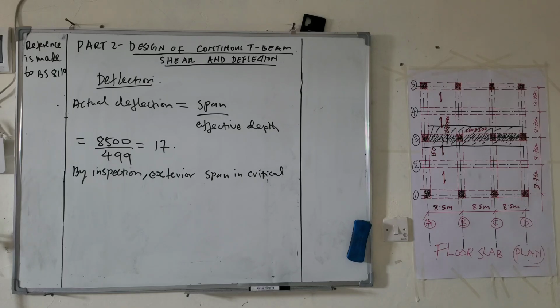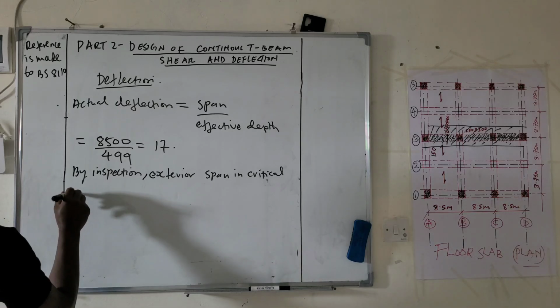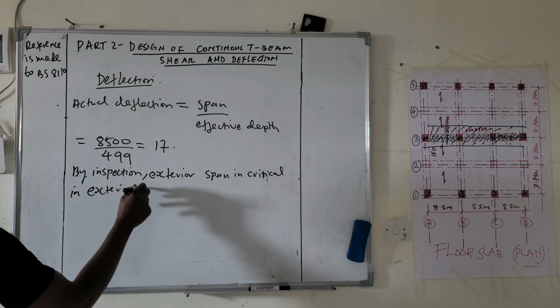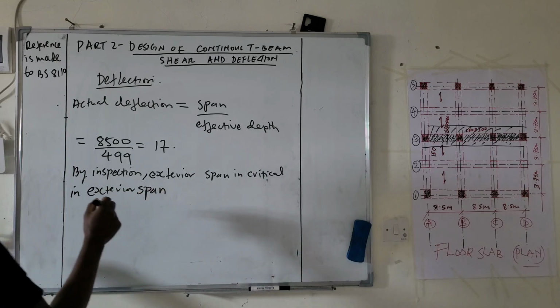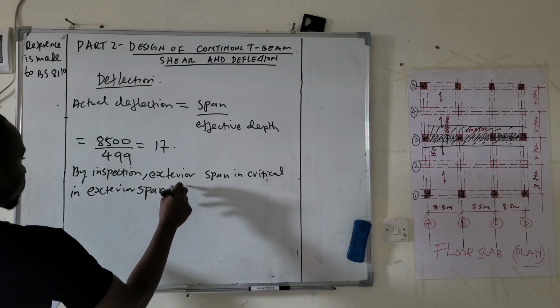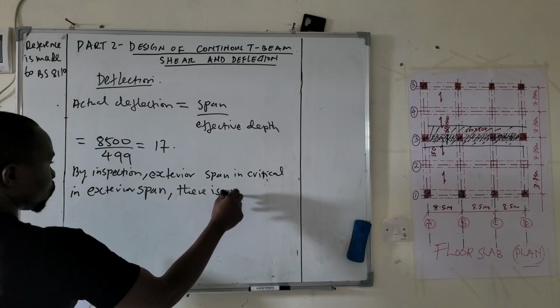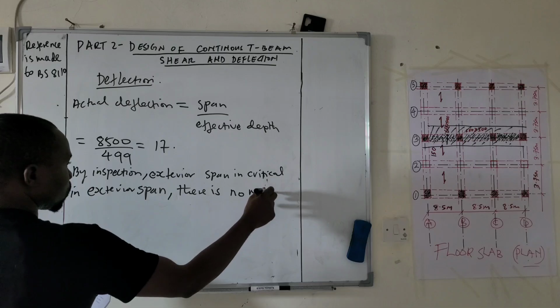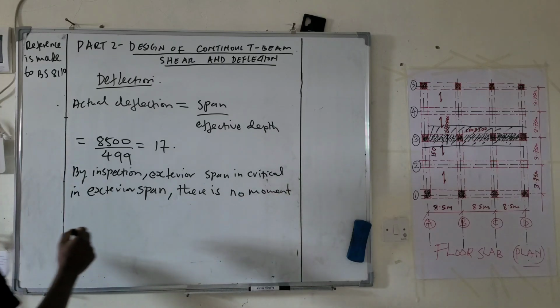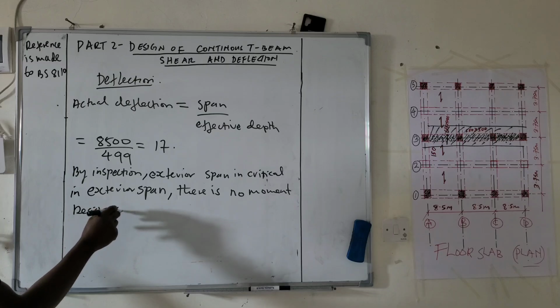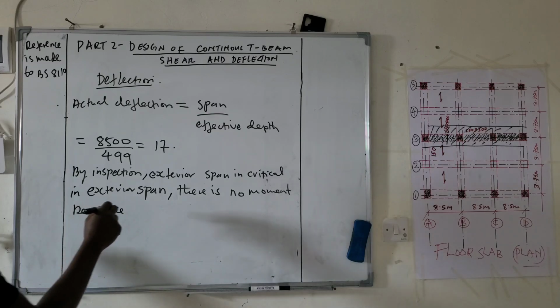So in exterior span, there is no moment resistance at the free end.